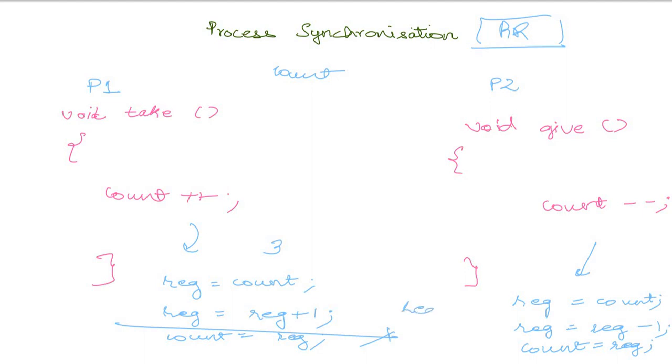Now reg has the value 4 and count hasn't been updated yet, and then it comes to give. Let's say this whole thing gets executed. After that execution, since count was earlier 3, it will become 2, and when we come here, count is equal to reg and reg is 4, so count will become 4. So we have inconsistent values of count here. This is a condition known as race condition.